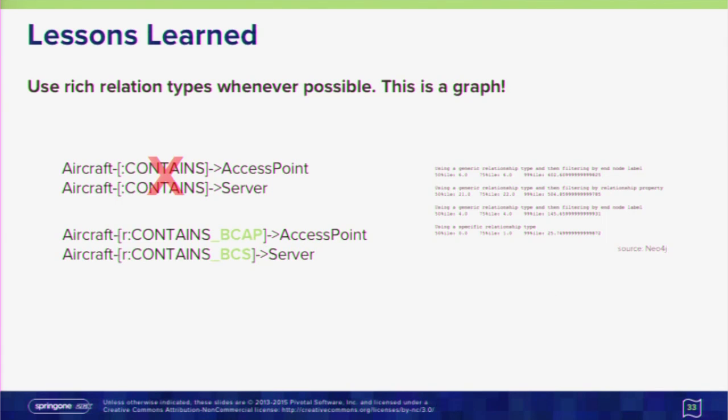And if you say an aircraft contains a server and an aircraft contains access points, if you make a query and you only want to have servers as a result, you need to filter them out by saying, well, the end node should be a server. That can be done, but that isn't the most effective thing on earth. So it is better to say an aircraft has outgoing relationships of type contains server or contains access points.